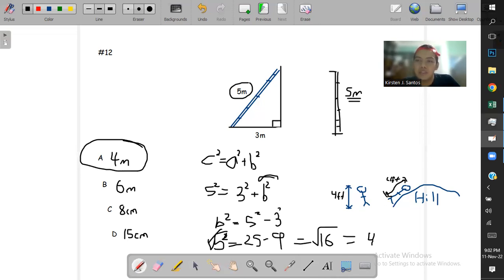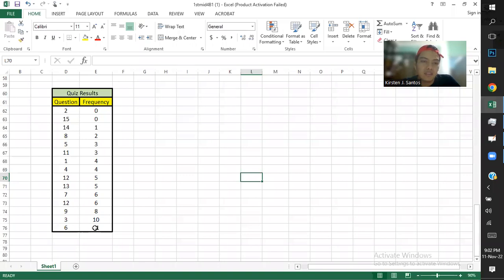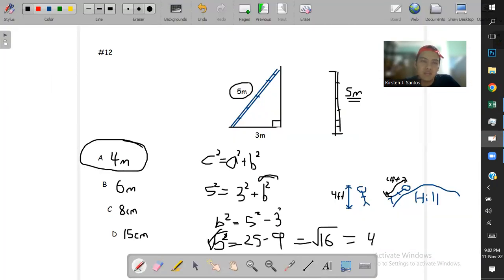So those were the 4 questions, the most common mistakes in the quiz. Let's look at number 7. Well, number 7 was a little easy. The answer for number 7 was B, which would be a value of 13.